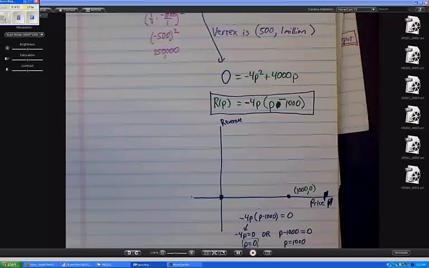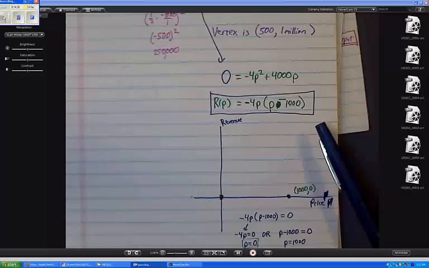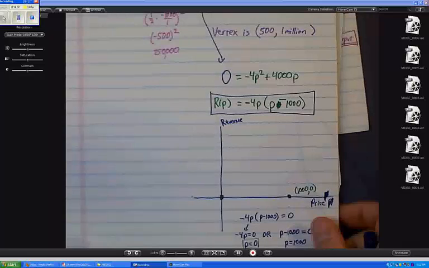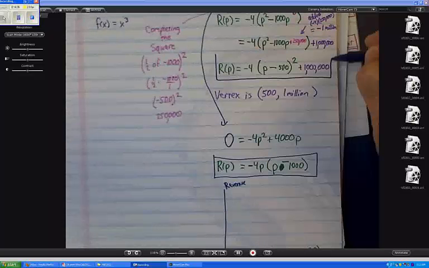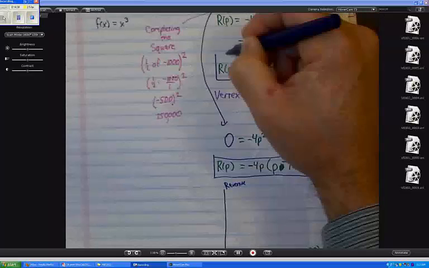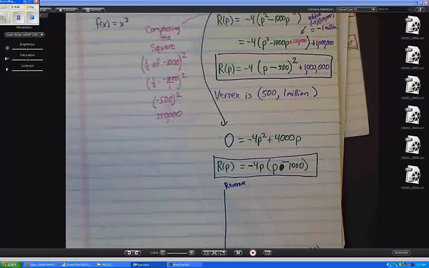And this is a decision a business person has to make is, hey, how much am I going to charge for this dryer? Well, don't give it away, but don't charge too much. Is there an ideal amount? Well, according to this model, what's the ideal amount to charge? Now, how do I know that? Well, it wasn't from this equation. It was from this form of the equation, which we called the general form of a quadratic. Right?